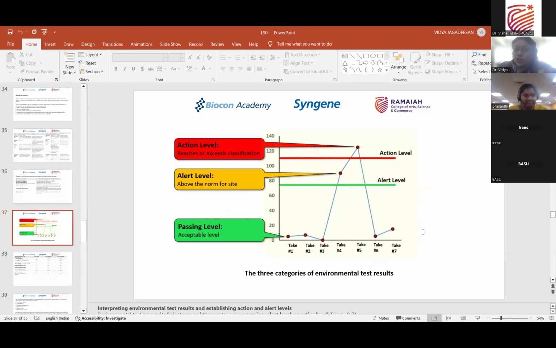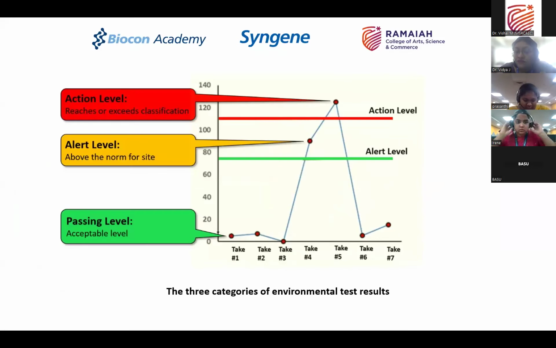Now this is the graph that shows the three different categories of environmental test results. If you have a very high amount of contamination, say 120, this is the number of colonies. If you have this many colonies in any kind of condition, then you need to take action.